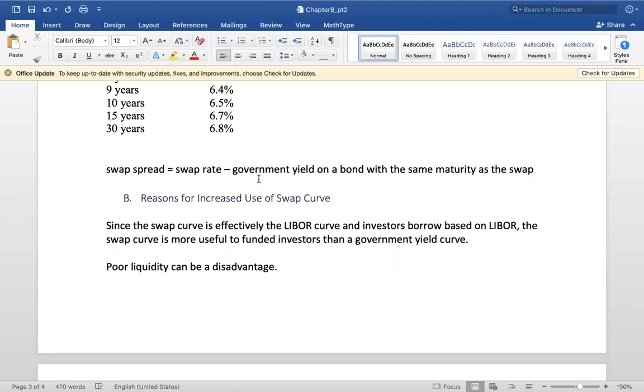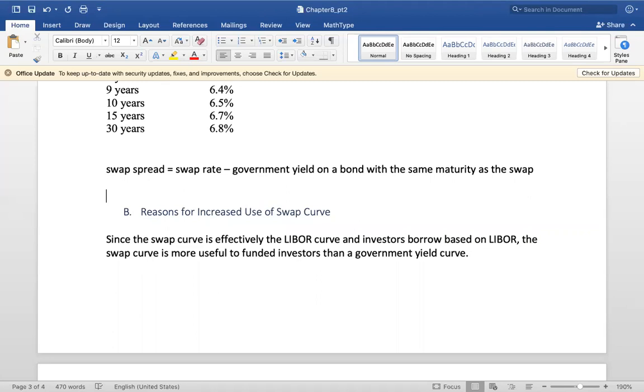Then our swap spread will be 6% minus 5.4%, equal to 0.6%, or 60 basis points, right? So this is how we use it.